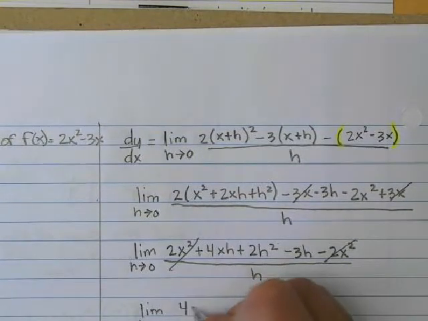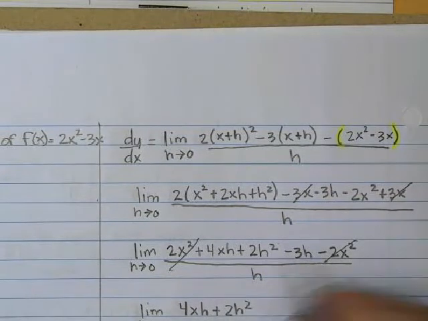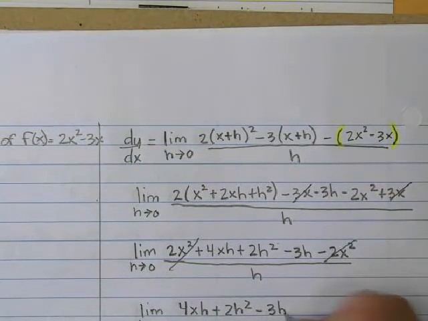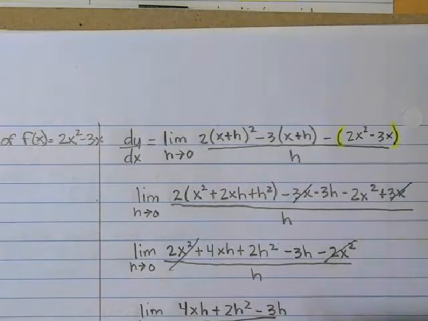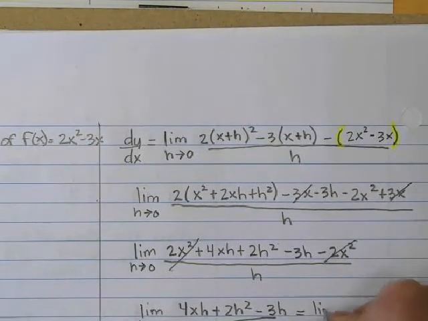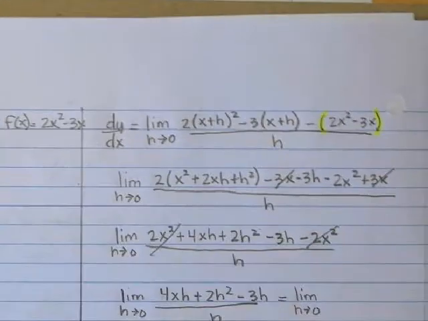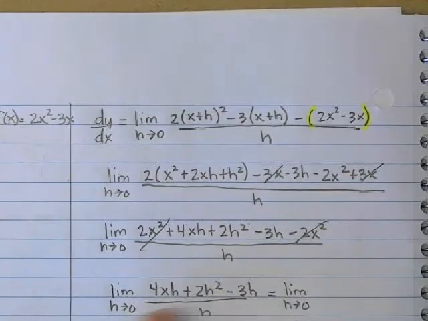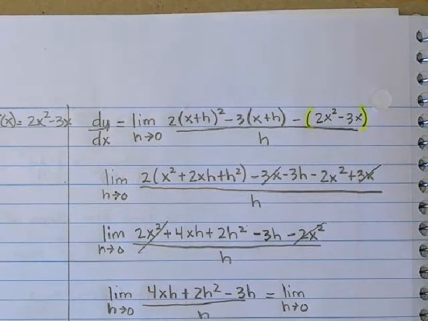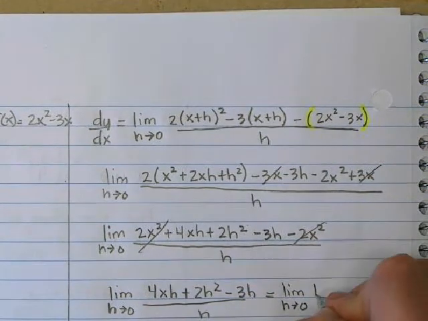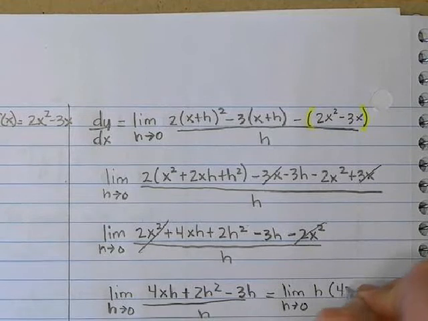So we have 4xh plus 2h squared. I'm going to factor, because if I plug in 0 right here, I'm going to get 0 over 0, indeterminate form. I'm going to factor and see if I can reduce.